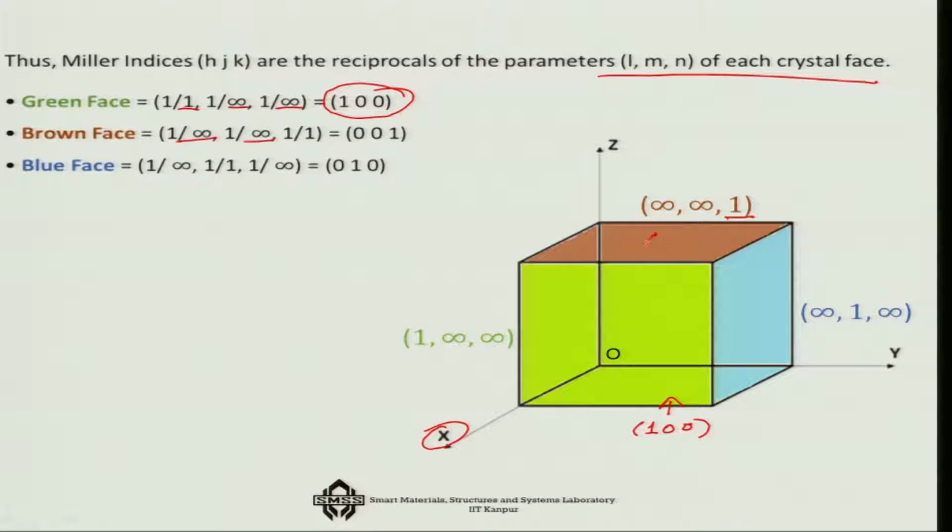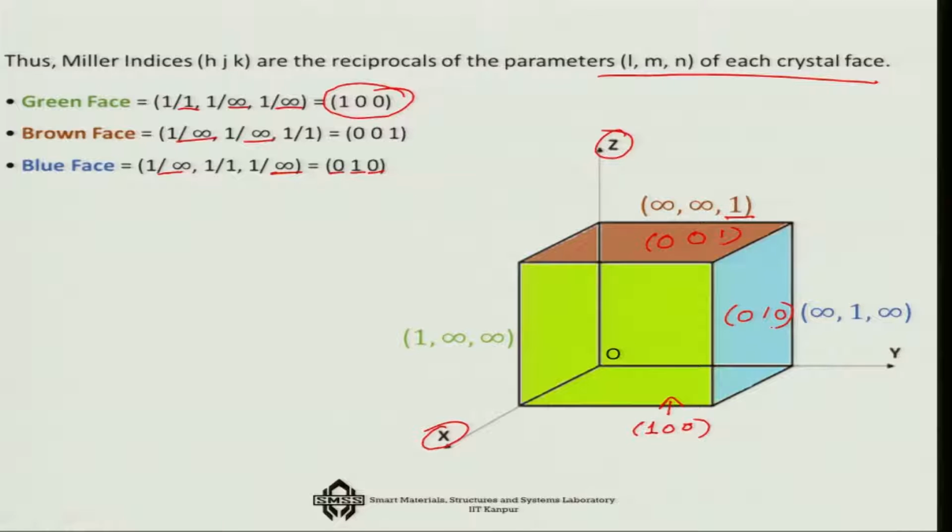That means this brown face has a Miller index of (0 0 1). Let us look at the blue face then. The blue face is parallel to what? x and z. So, x is infinity, z is infinity. The reciprocals of them are 0, 1, 0. So, the blue face will have a Miller index of (0 1 0). So, for all the basic faces of a crystal lattice, you can very easily write down their Miller indices.